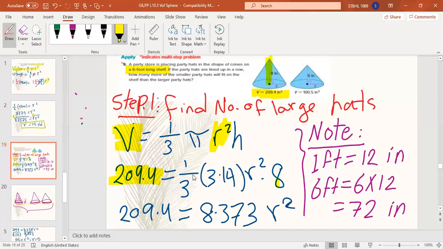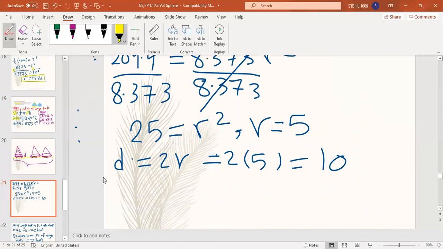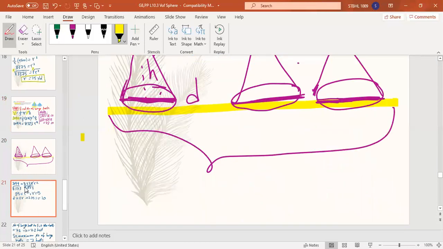When we multiply 1 over 3 times 3.14 times 8, we will get 8.373 r squared equals 209.4. And I want to isolate the r squared. That's why I divide both sides by 8.373.